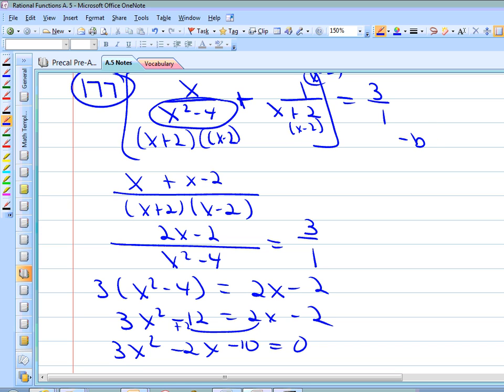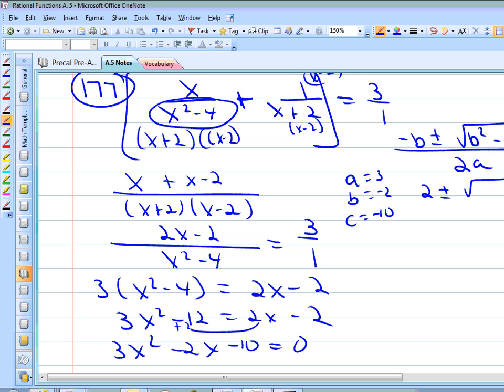So again, negative b plus or minus square root b squared minus 4ac all over 2a. And in this case, a is 3, b is negative 2, and c is negative 10. All right, let's plug them in. So we have negative negative 2, so we have a 2 plus or minus the square root of negative 2 squared, which would be positive 4, minus 4 times a times c all over 2 times a.